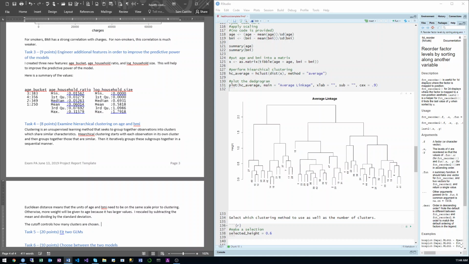When the height is equal to 2, there would be 2 clusters. For the height equal to 1.5, there would be 3.